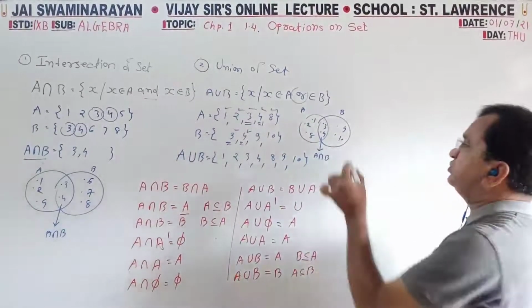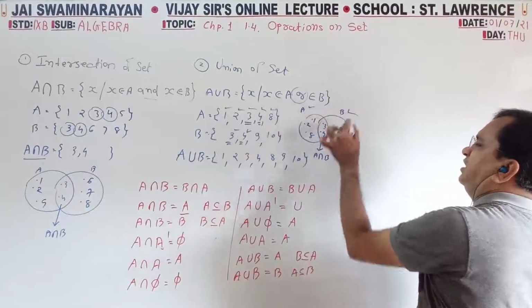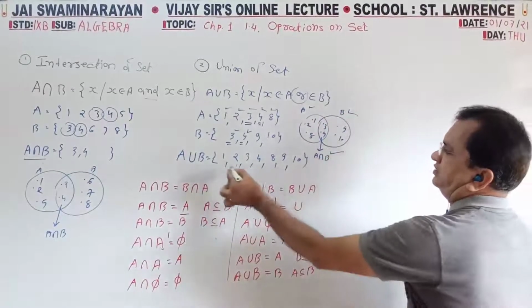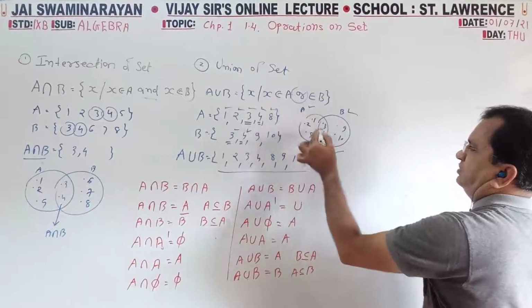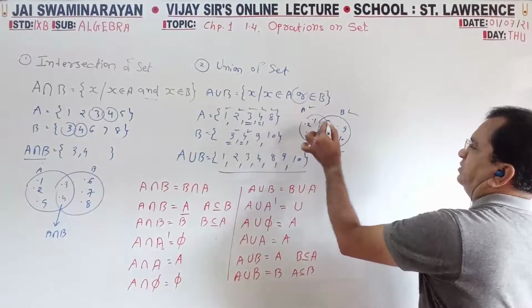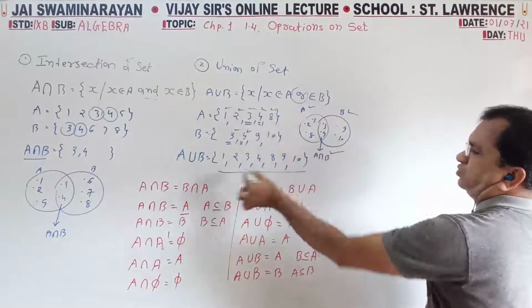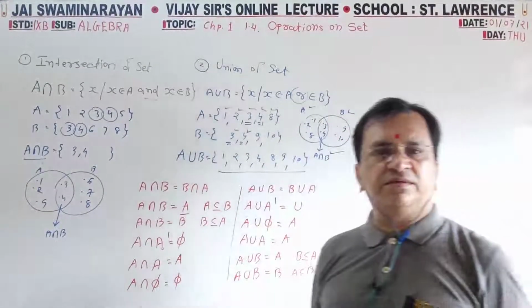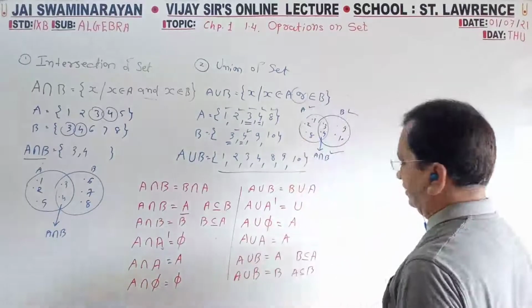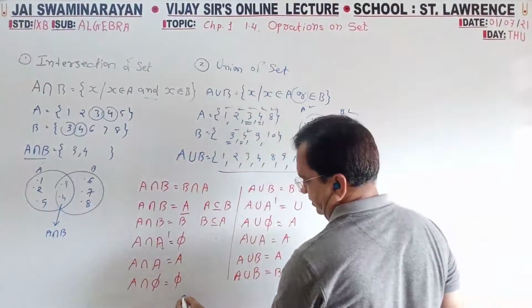So when we join all of A, B, and A intersection B, that will be the total: first group, second group and third group. So total, that is a union. From that we can write the formula.